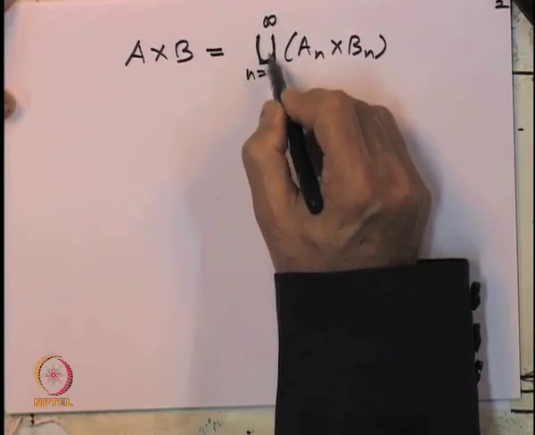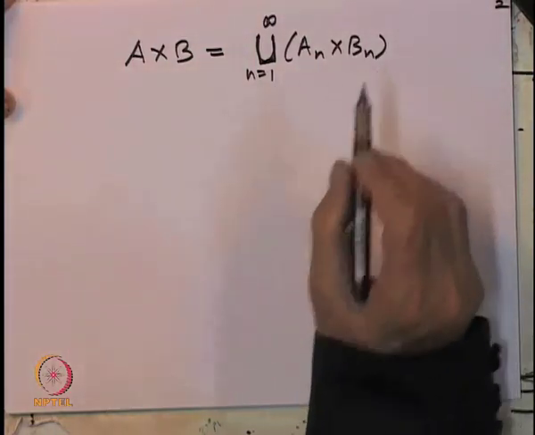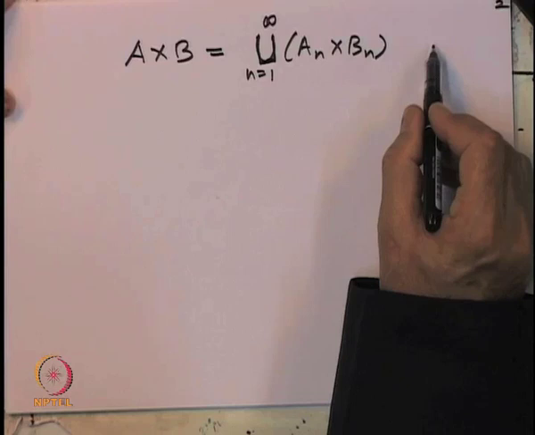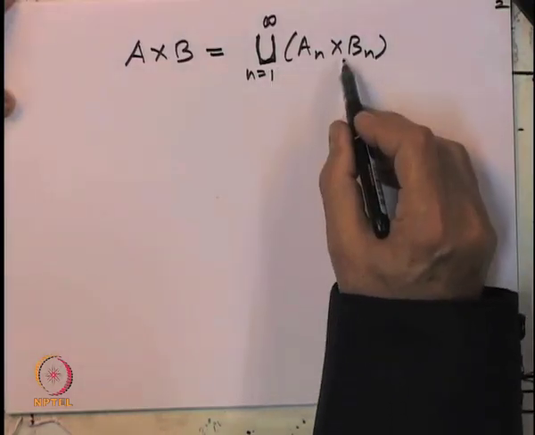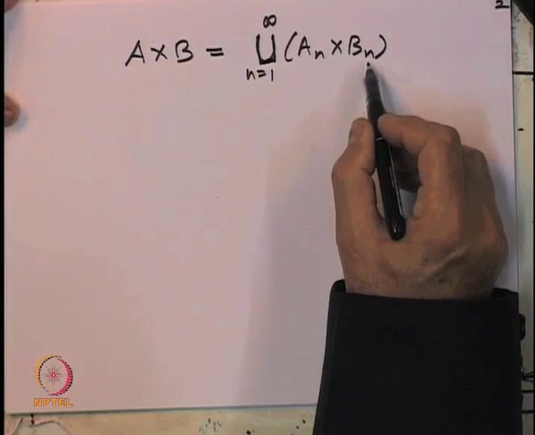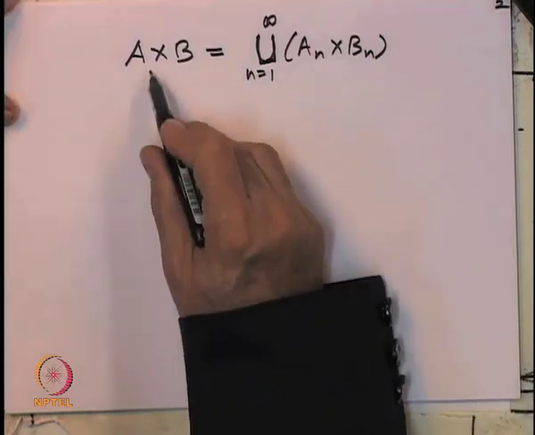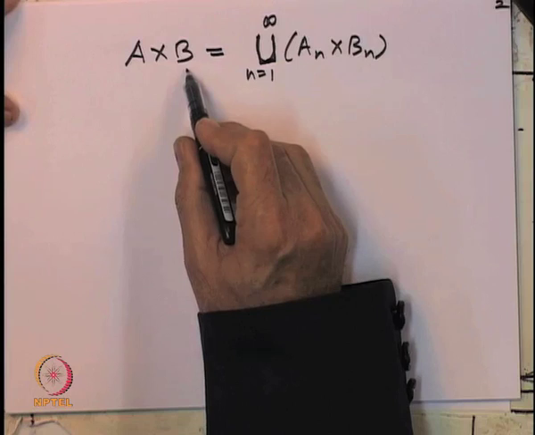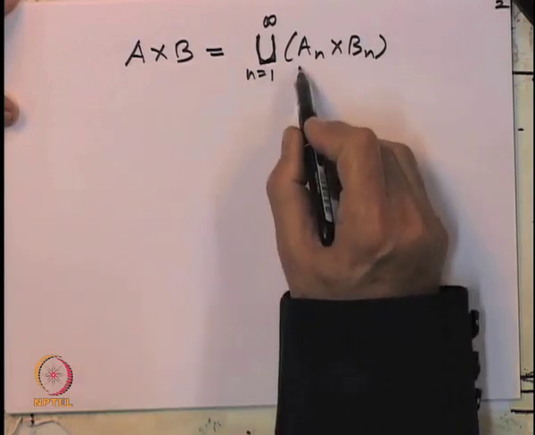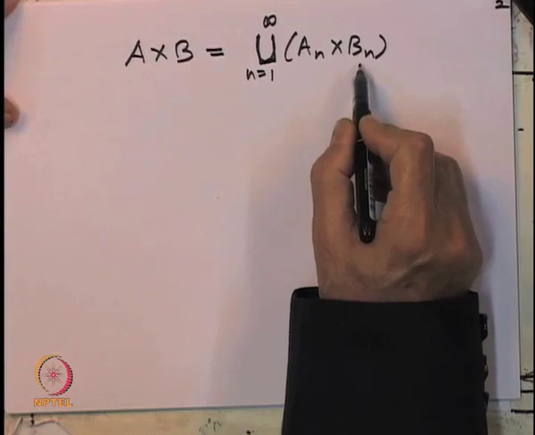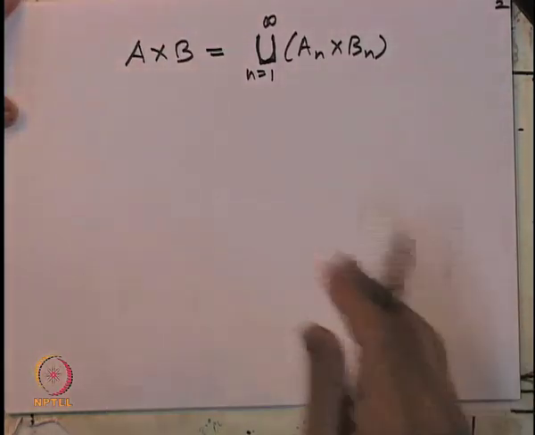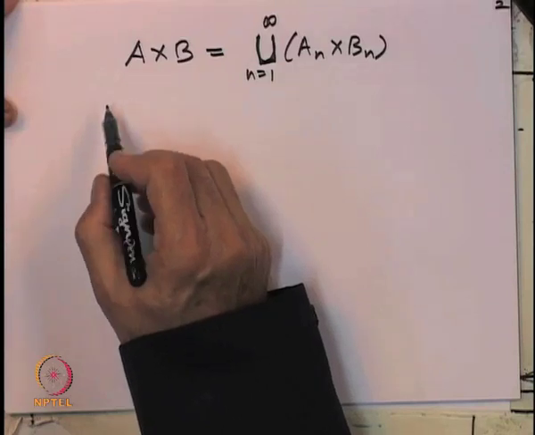The notion of union, instead of putting the U, we will put it with the square, so that we do not have to write every time that they are pairwise disjoint. This symbol itself indicates that they are pairwise disjoint. So, we want to compute eta of A cross B and show it is equal to the summation of eta of A_n cross B_n.